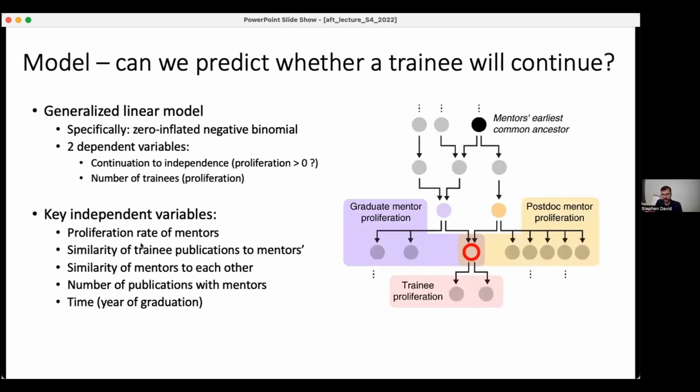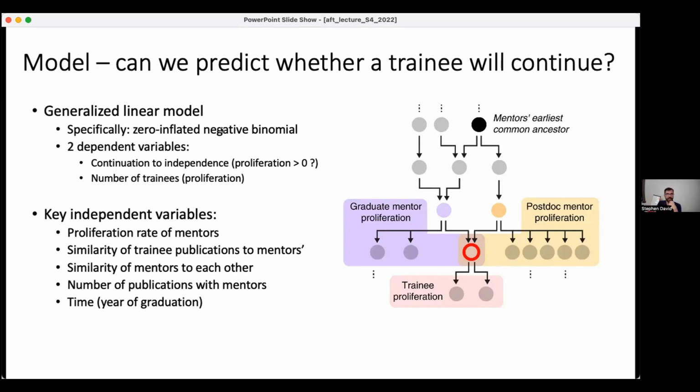And so what we did is we built a model to ask, what features in this network, based on these variables that I've talked about, can predict whether someone will continue or not. We're fitting what's called a zero inflated negative binomial, and that's meant to capture this very big peak at 0. Many trainees do not continue as mentors, and those that do vary in the number of trainees that they have.